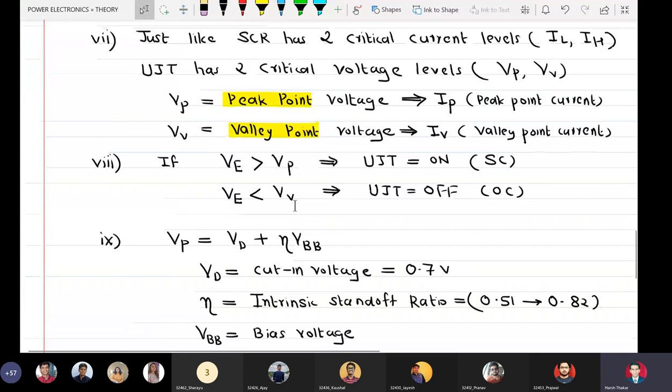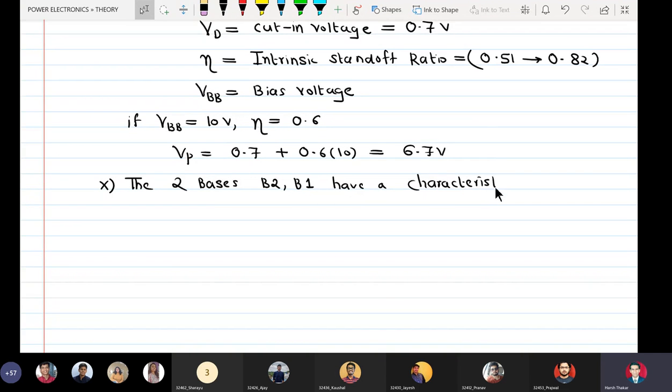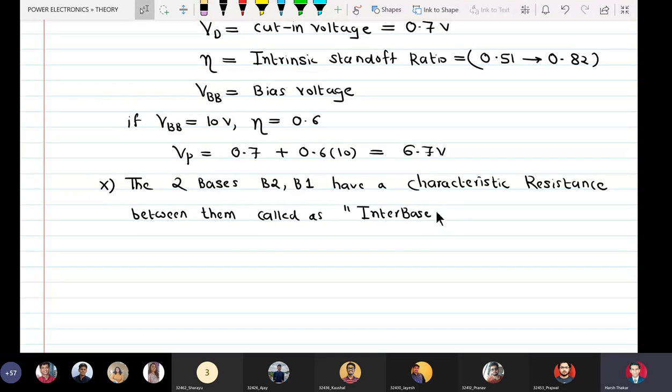Now about the bases B1 and B2. The two bases, B2 and B1, have a characteristic resistance between them, which is called interbase resistance, because it exists between the bases.